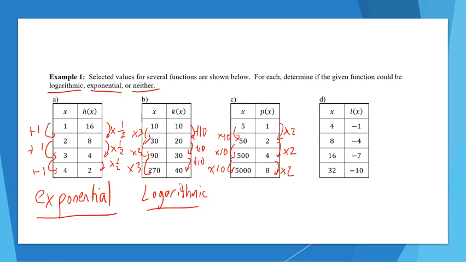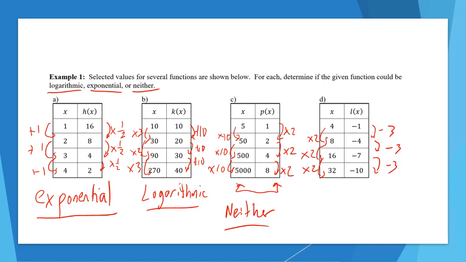So is there a type of function that we call for both of them being multiplication? Not yet, so we'll just call that neither for now. That would not be considered exponential or logarithmic. And finally here, we see times 2, times 2, times 2. And then here, this is minus 3, minus 3, minus 3.